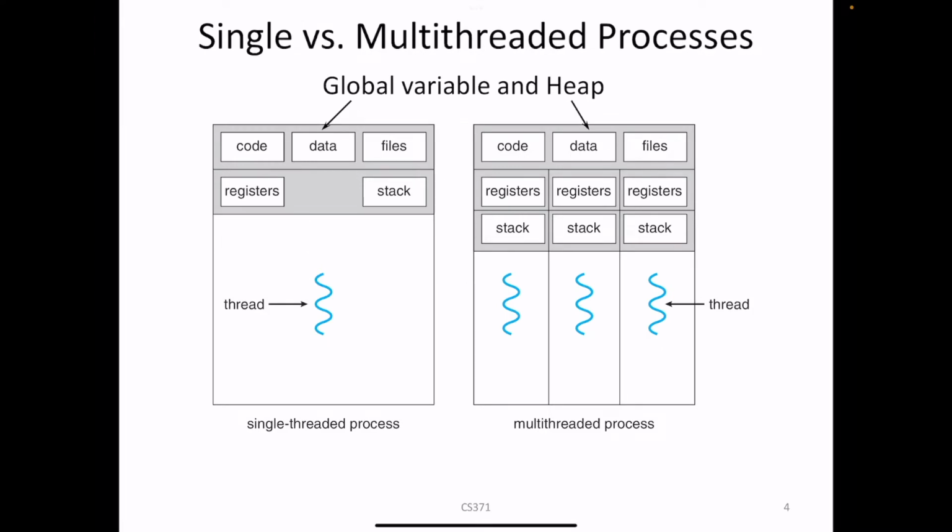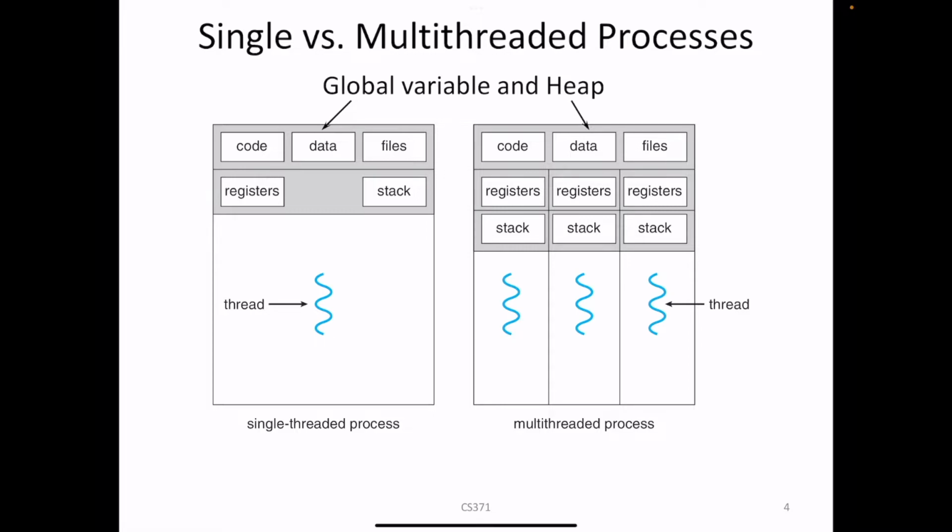In this slide, we are going to compare the traditional single process with the multi-threaded process. The single process can also be called a single-thread process. The left side of this slide shows you the single-thread process. As we have discussed in the previous chapter, the PCB, do you guys remember the PCB?